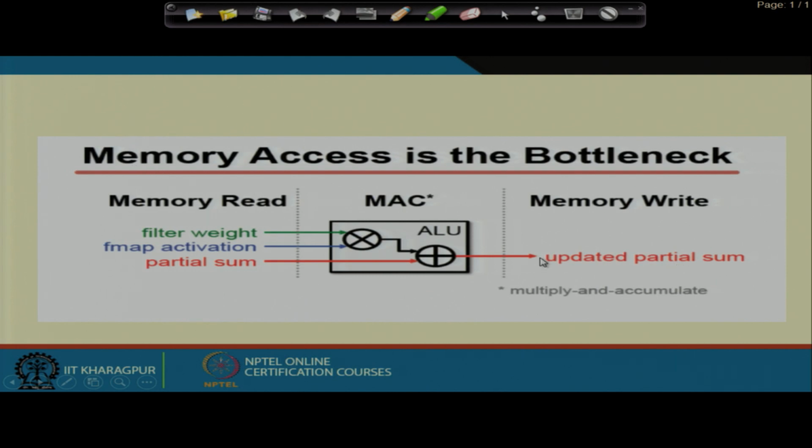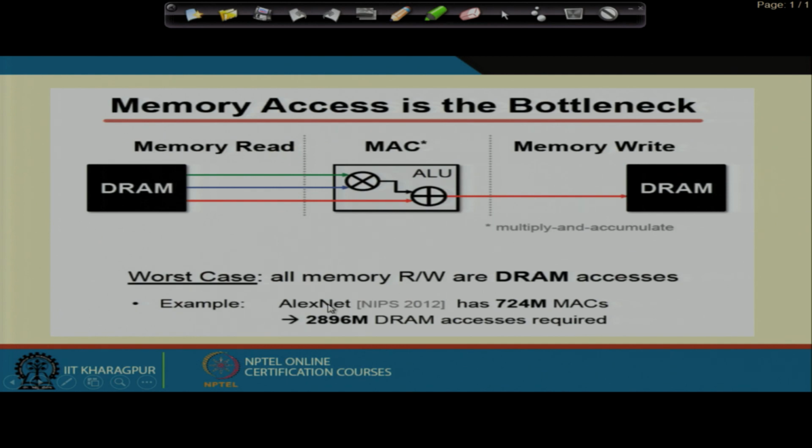So if I have to train using AlexNet, which has 724 million MAC operations, the memory access requirement will be 2896 million DRAM accesses.